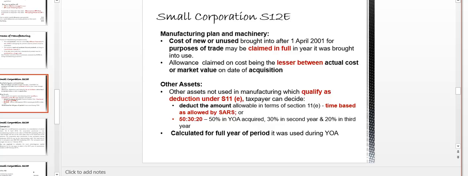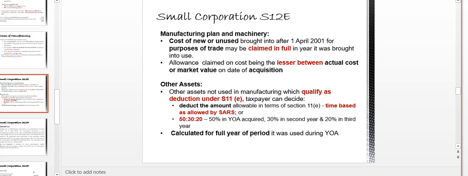So for manufacturing plant and machinery, the cost of any new or unused manufacturing machinery brought into use after the 1st of April 2001 for the purpose of trade may be claimed in full in the year of assessment in which it was brought into use. But importantly, the allowance claimed on the cost has to be the lesser of the actual cost or the market value on the date of acquisition.